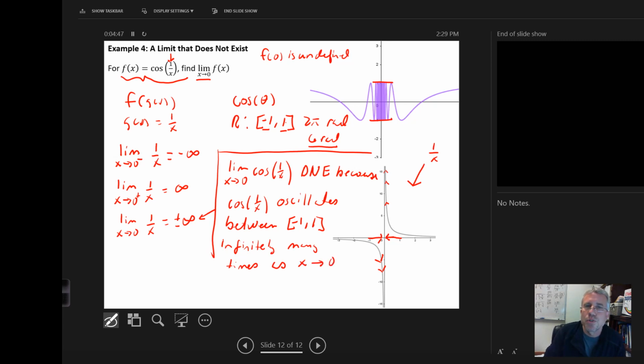And that's as it approaches 0 both from the left-hand side and the right-hand side. So neither one-sided limit exists. The function's constantly oscillating between -1 and 1.